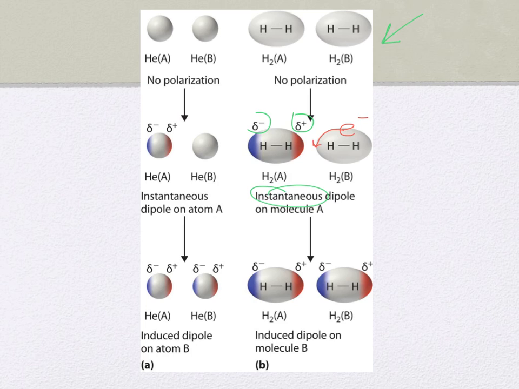So this induces a dipole in the molecule next to it. And then we end up with this intermolecular force, the negative end of one molecule attracted to the positive end of another. And even though hydrogen is not a polar molecule with a permanent dipole, it ends up with what's called an induced dipole and creates this intermolecular force.